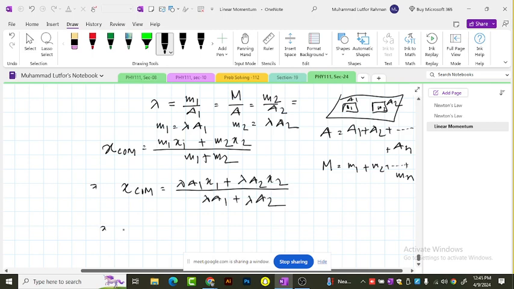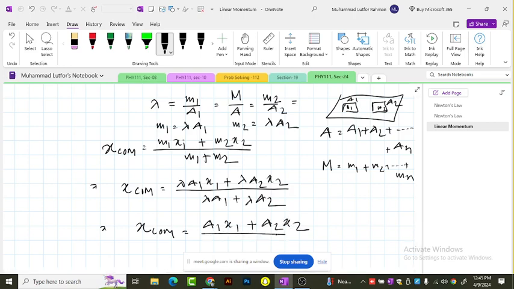Now you can factor out lambda from the numerator and the denominator, then you will find a1 x1 plus a2 x2 divided by a1 plus a2, right?